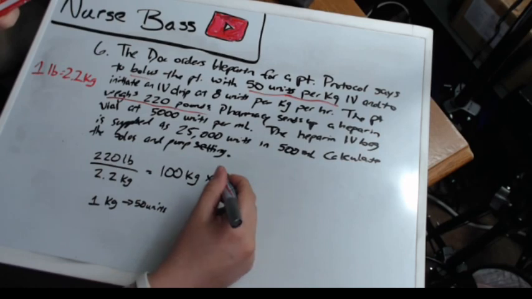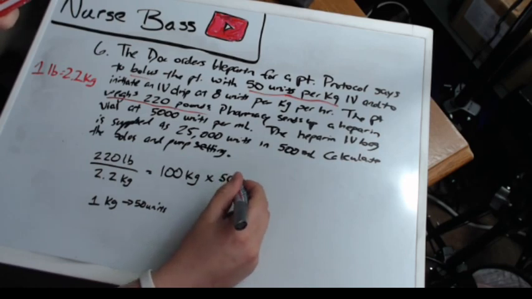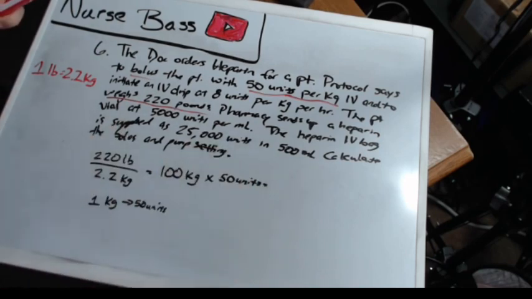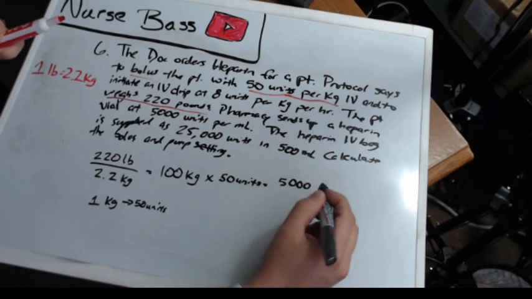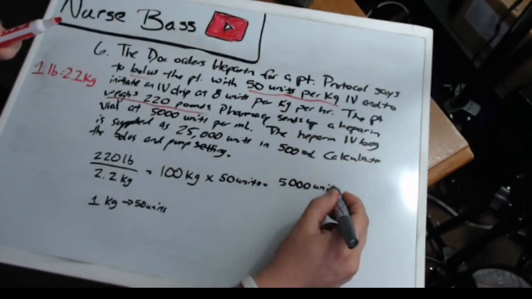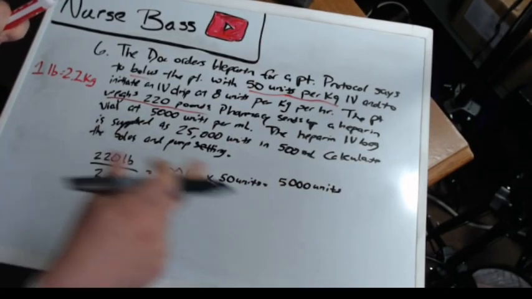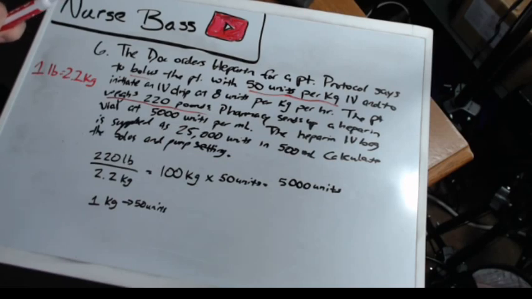So you do 100 kilograms times 50 units, because they're getting 50 units for every kilogram that they weigh. I hope that made sense. Okay? So as far as the bolus is concerned, they need to get 5,000 units. Okay?